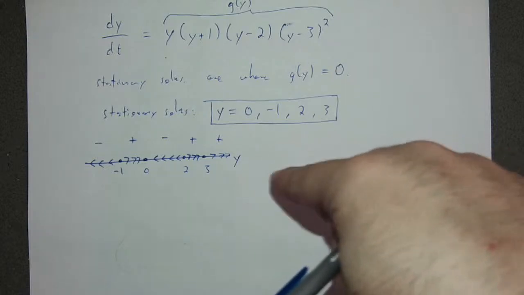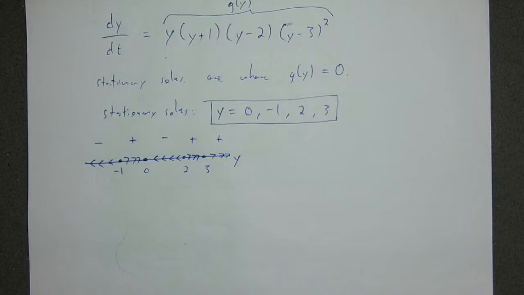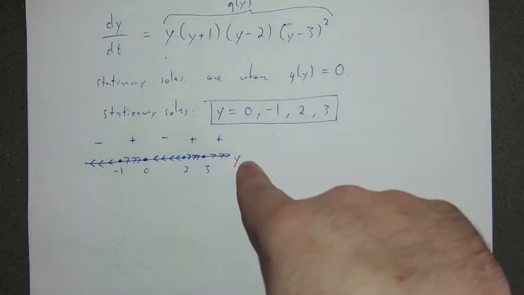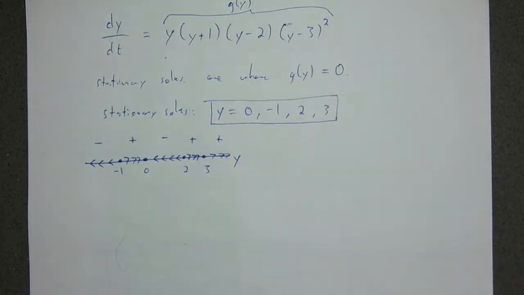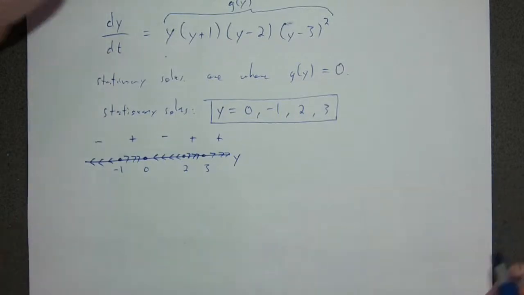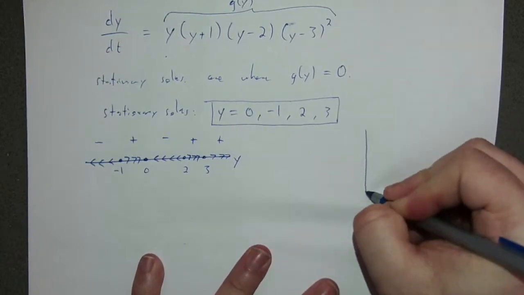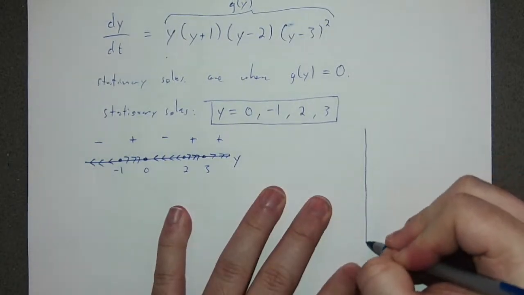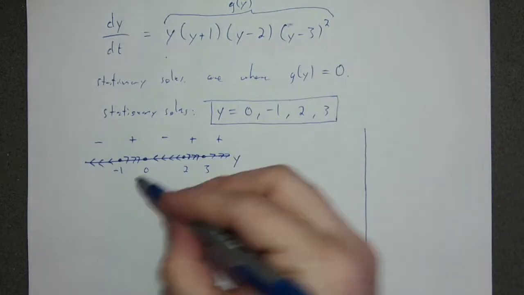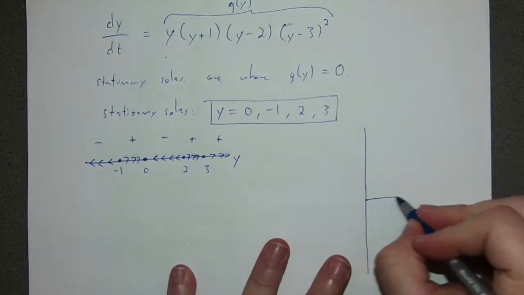So as t goes towards positive infinity, the values of y follow the arrows. Now, why does this work like this? Well, we saw yesterday that due to existence and uniqueness, if I draw a portrait here, so here's 0, so here's y equals 0.